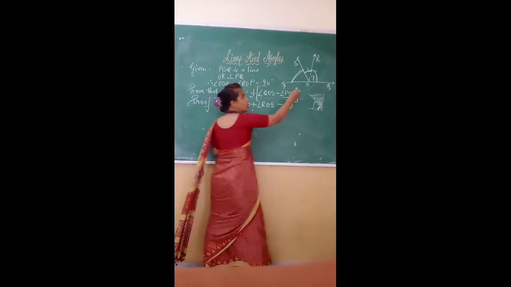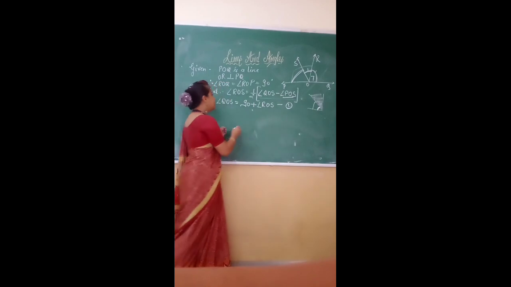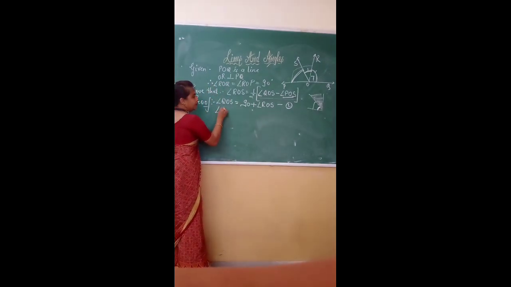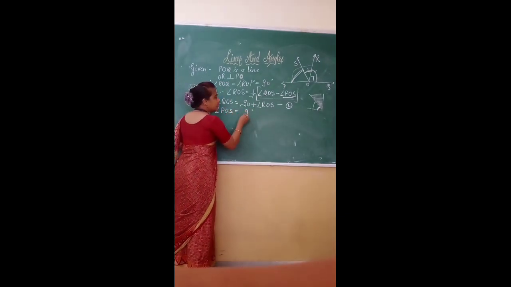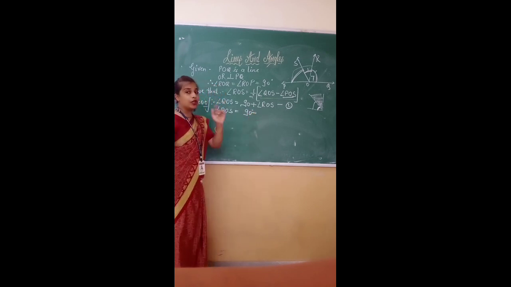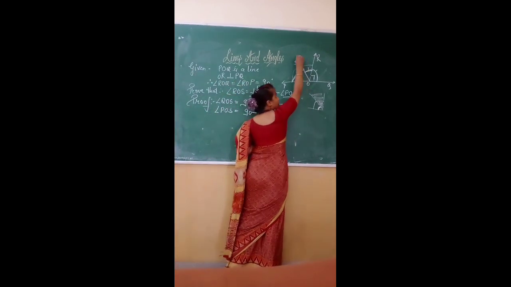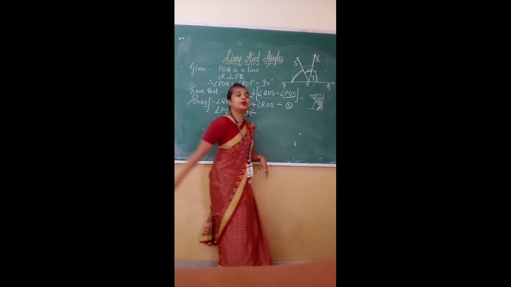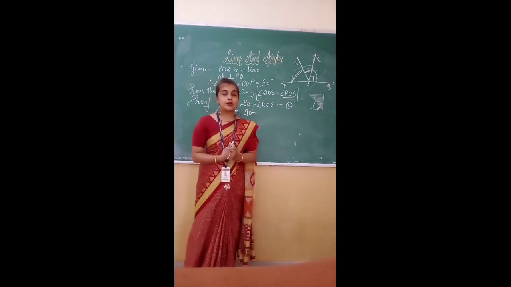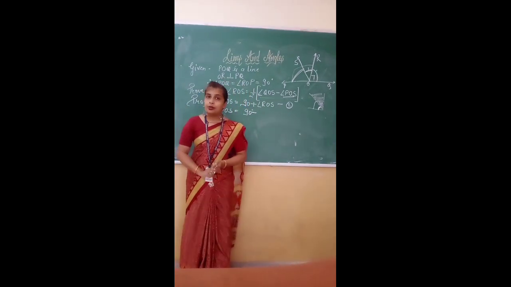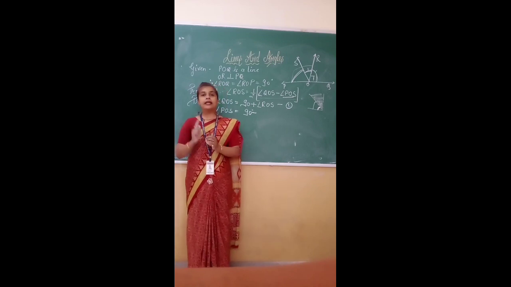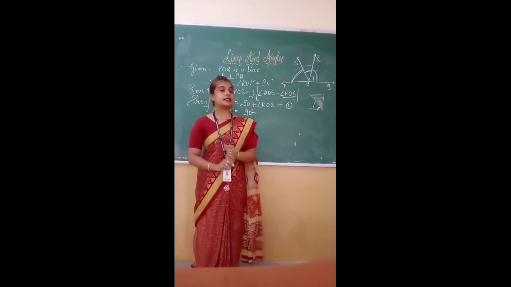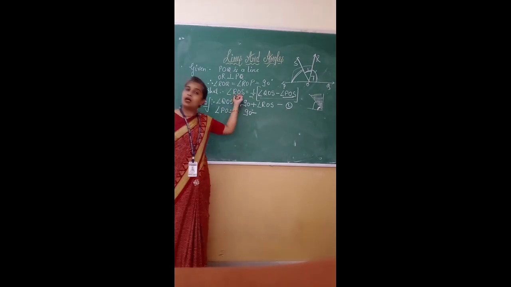What is this whole angle? This whole angle is 90 degrees. Angle POS is 90 degrees minus what we have to subtract from here? From here we have to subtract ROS. Why did we do this? Because ultimately we need the answer in the form of ROS.